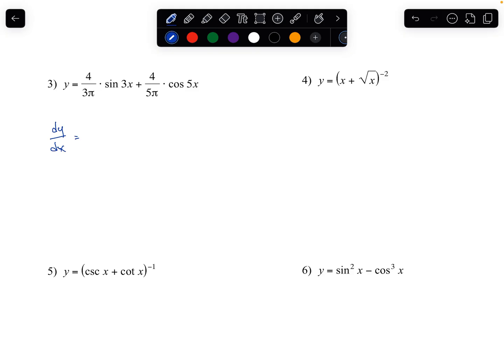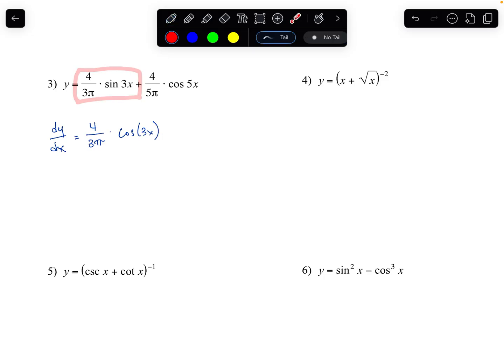So I'm basically just going to take the derivative of this part and multiply it here, but there is a chain rule taking place right here, the derivative of the inside. So the derivative here is going to be 4 over 3 pi times cosine of 3x. Okay, now I'm going to pause. I just took the derivative of this.